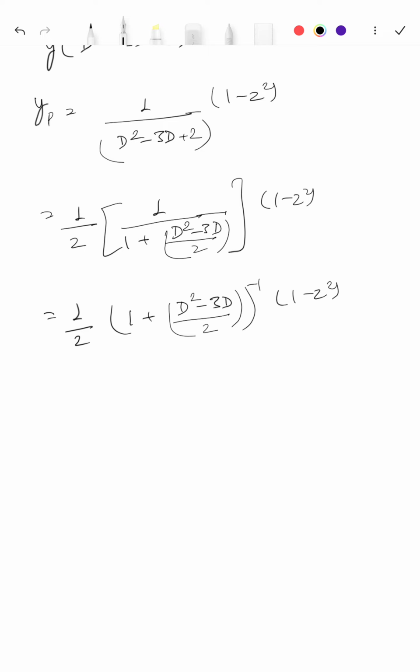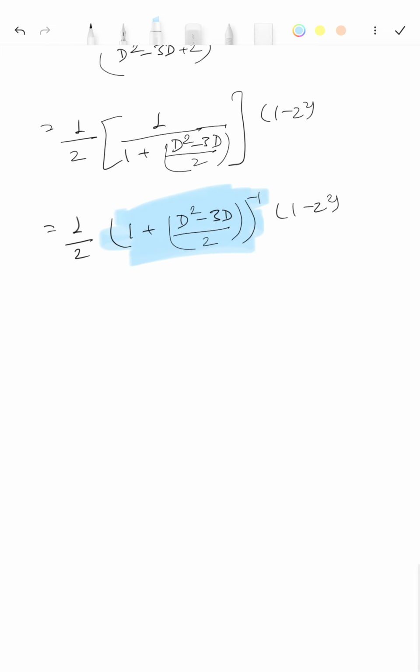Now look at this term. Can we expand it? We know the expansion of (1 plus n) to the power minus 1 equals 1 minus n plus n square minus n cube and so on.